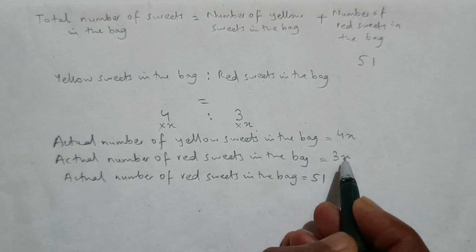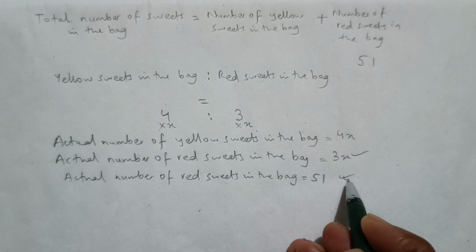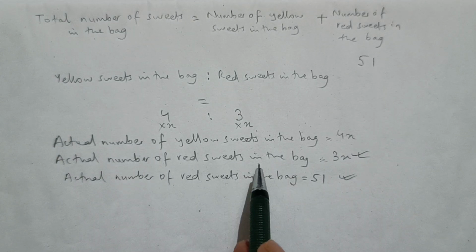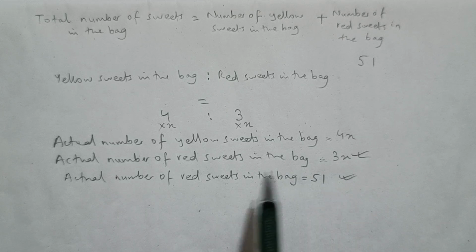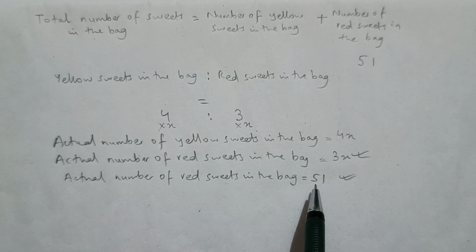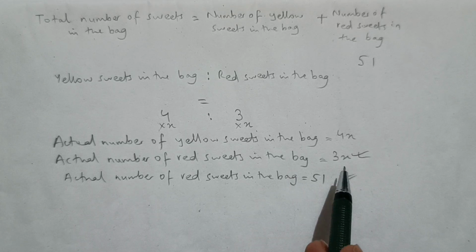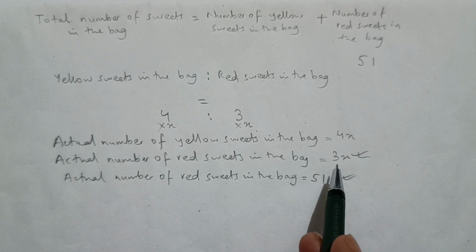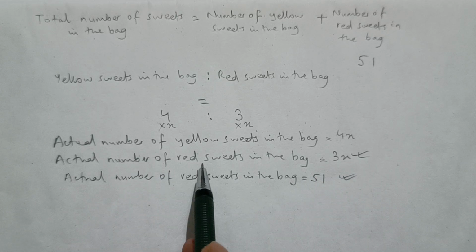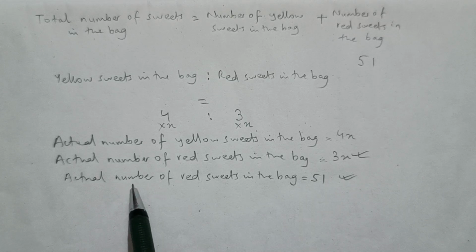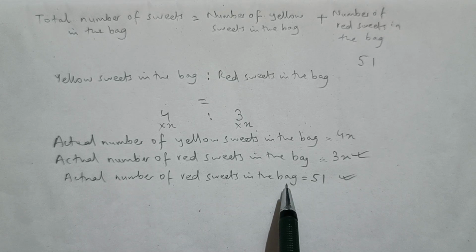Now look at these two statements. In this statement I am saying that the actual number of red sweets in the bag is 3x, and in this statement I am saying that the actual number of red sweets in the bag is 51. So from these two statements I can say that 3x is equal to 51, because 3x is the number of red sweets in the bag and 51 is also the number of red sweets in the bag.